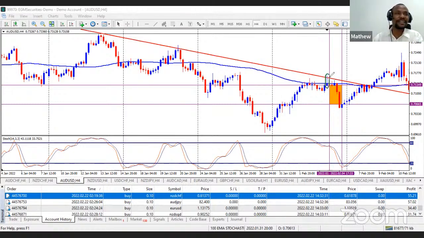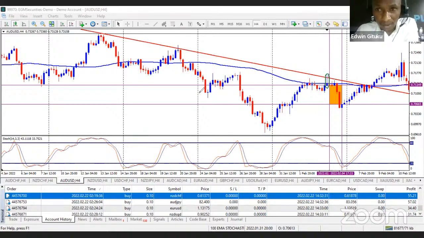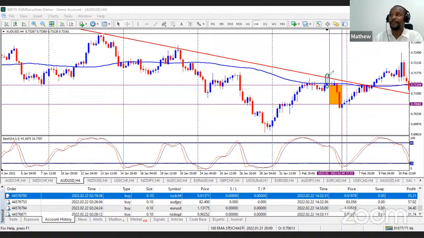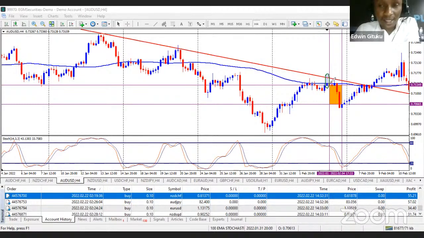Exactly, at the resistance of the trend line. It's an indicator of an impending bearish move in price. So you have the confluence of the trend line and the 100 EMA, and to add to that, a rejection candle indicating an impending downward movement in price.